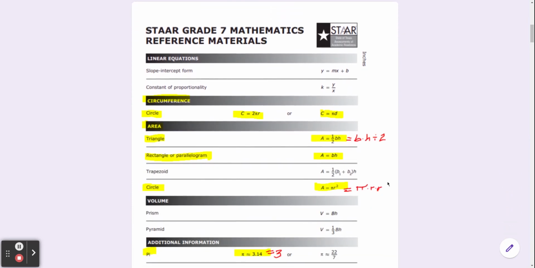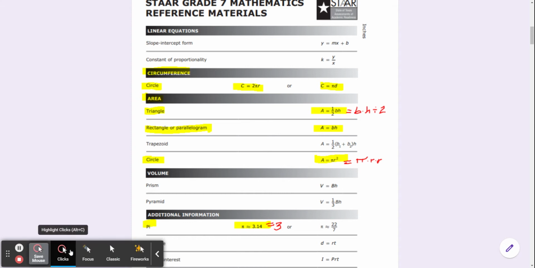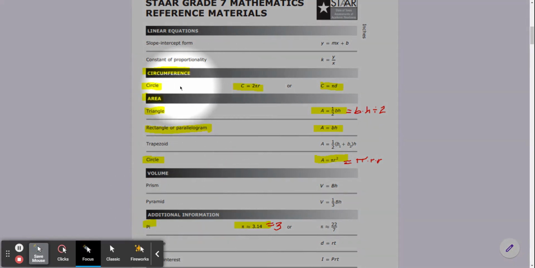And I did put your reference materials here. This will be provided for you on your test, but just remember that we kind of changed some of the formulas. So for example, if you're asked to find the circumference, the distance around a circle, you're going to use the formula 2 times pi times the radius, or pi times diameter.